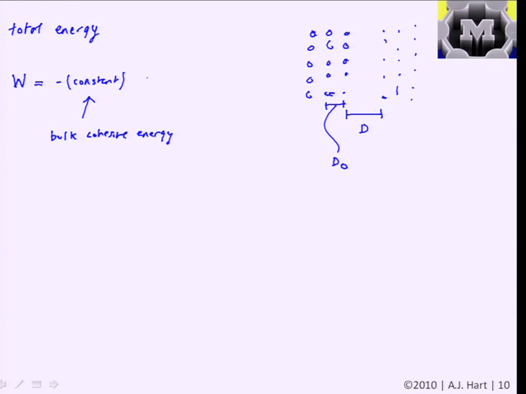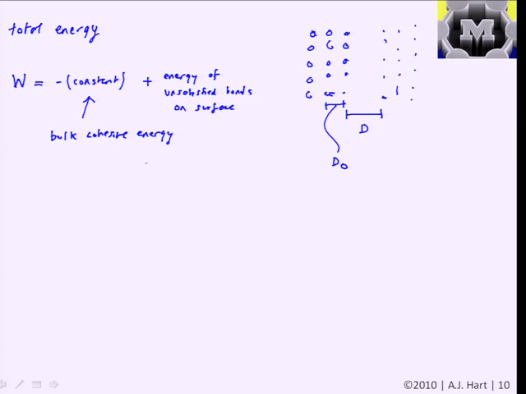And then we'll have a second term, which will represent the energy of the unsatisfied bonds on the surface. You can see that these are of opposite signs because we have to take a little bit away, due to the unsatisfied bonds on the surface, from what we're calling the bulk cohesive energy.